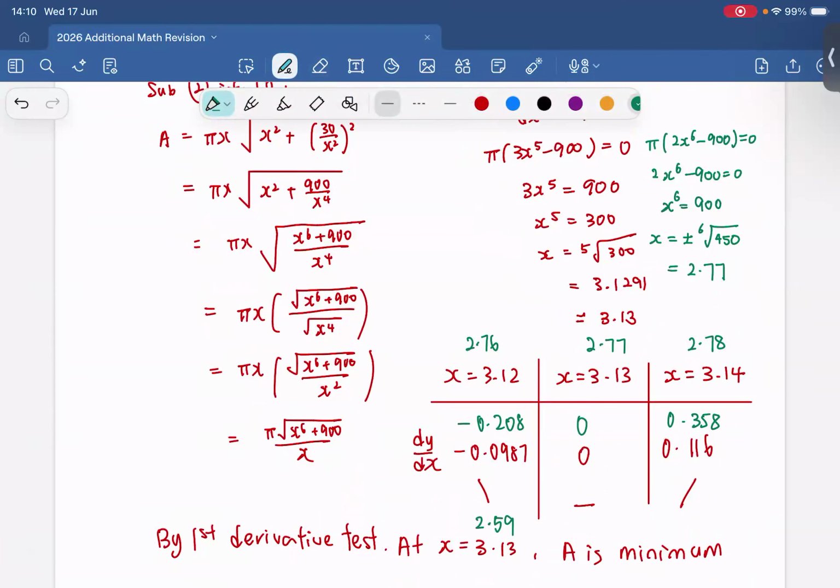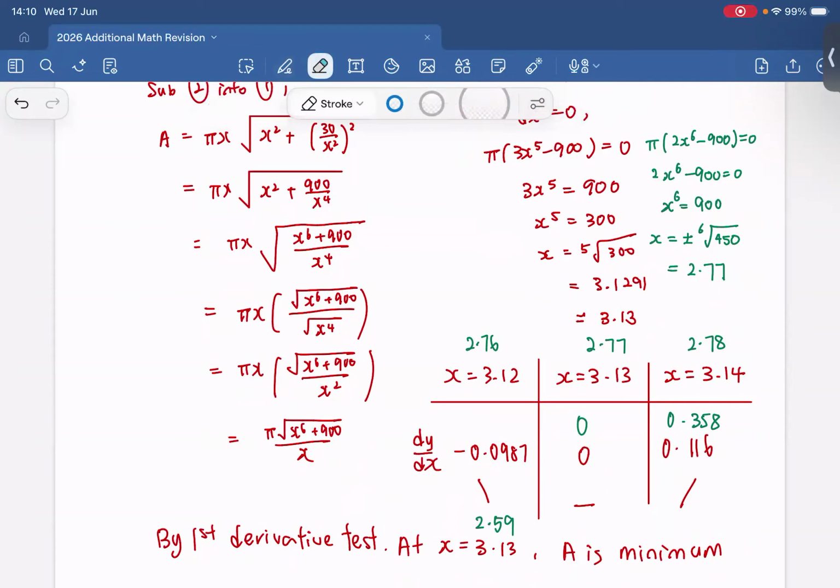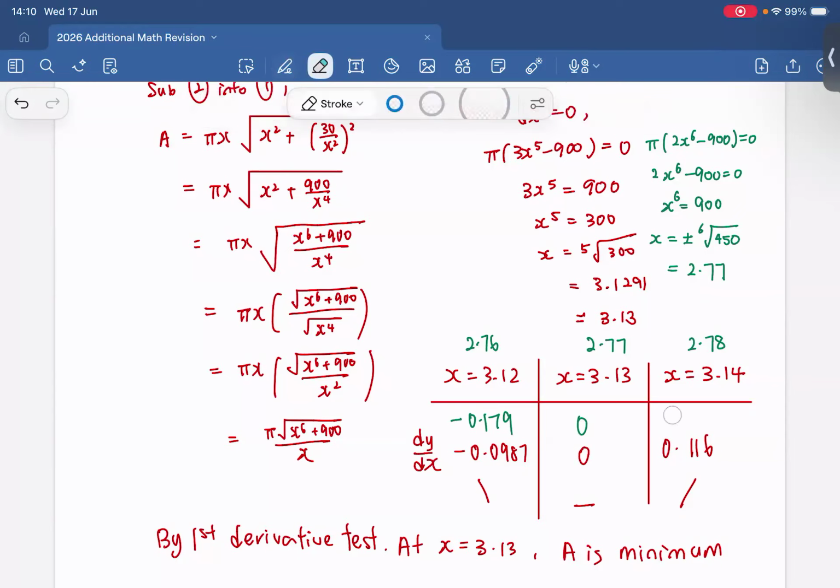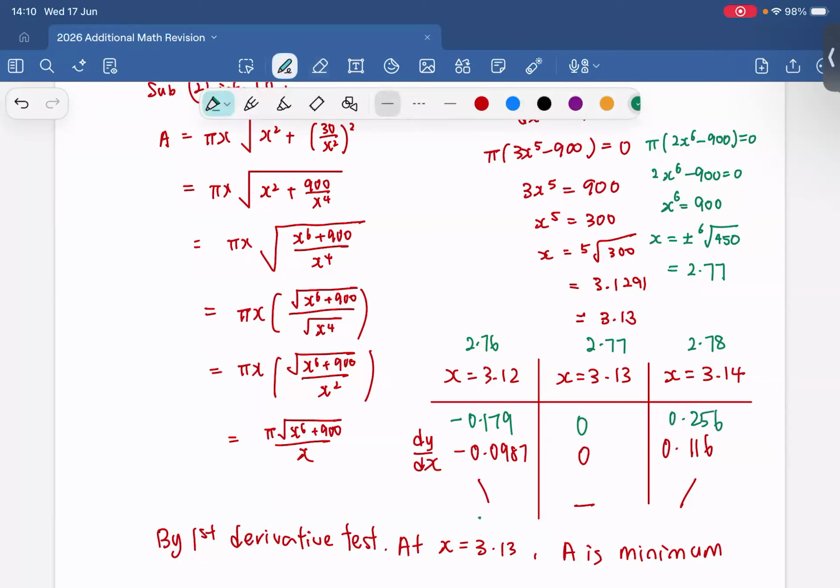So if I put inside my... I'll get negative 0.179 and I'll get 0.256. So at x equals 2.77, A is the minimum.